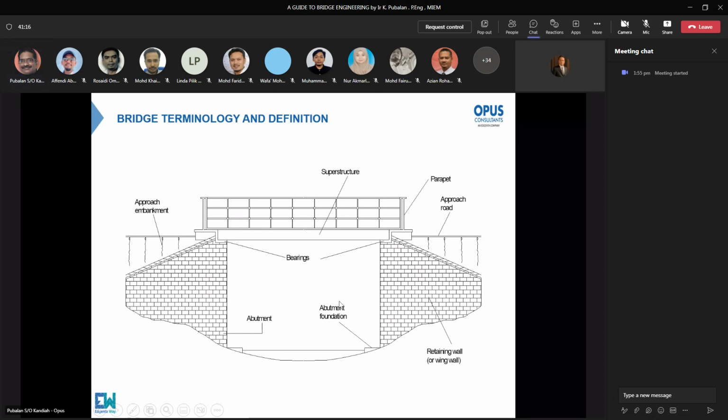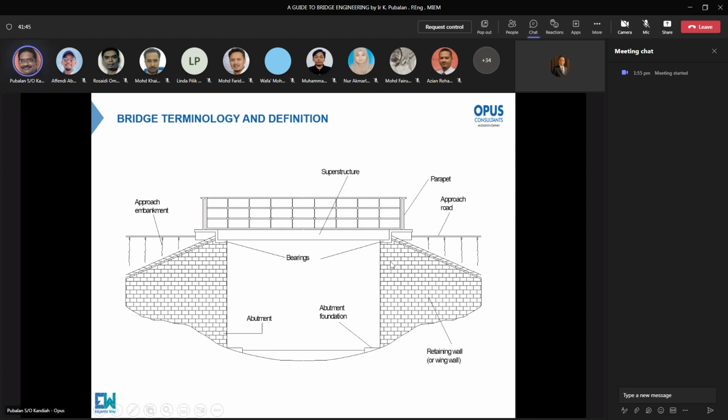Okay, abutment foundation, and if there are piers, supposing there is a pier here, then the pier is also under substructure. Okay, remember that. Superstructure is on top of the bearings. The bearings is a connecting element between superstructure and substructure. All right. So they are divided into two parts.